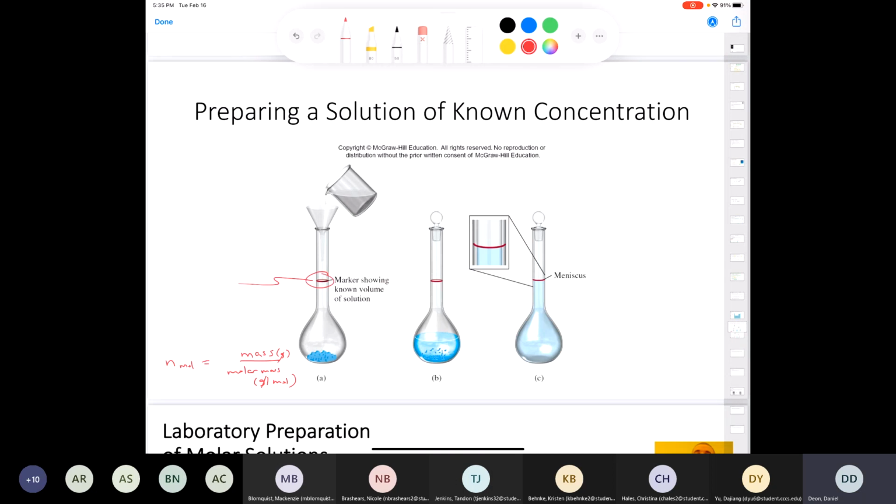And then if you know this volume in liters, then our molarity, or our concentration, is going to be the number of moles per liter, right? The number of moles divided by volume, sometimes we call it like that. Anyhow, what you would do is weigh out your solid, put it in the volumetric flask, and then dilute it up to the meniscus, and shake it.